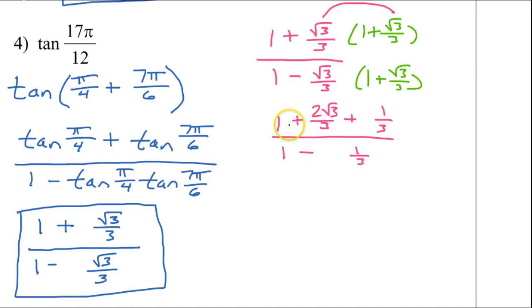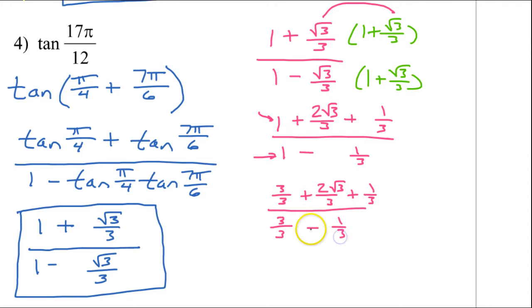Okay, like denominators though, guys. So 1, see this 1 right here and this 1 right here. Would it amaze you if I replaced 1 with 3 over 3? Both of them. That way I have like denominators. So I have 3 over 3 plus 2 root 3 over 3 plus 1 over 3. And then down here I have minus 1 over 3.